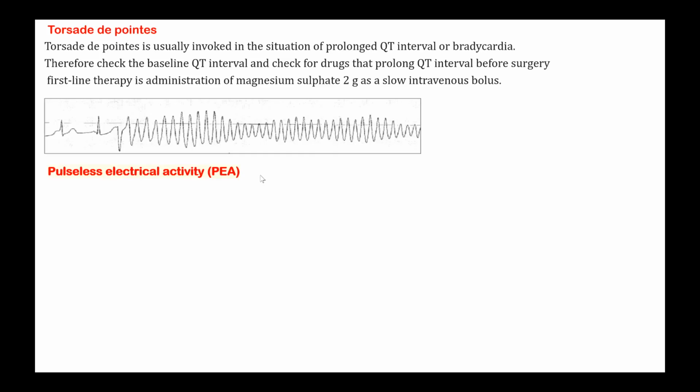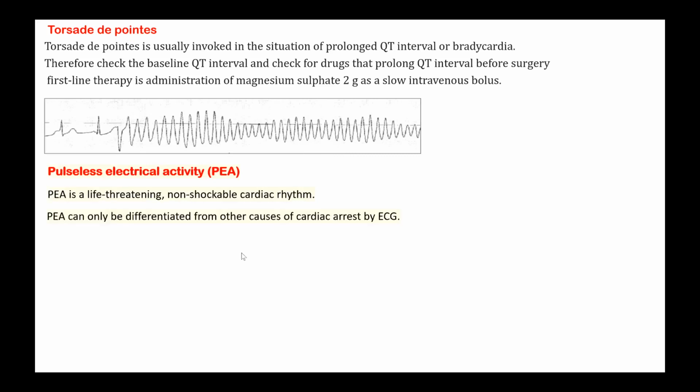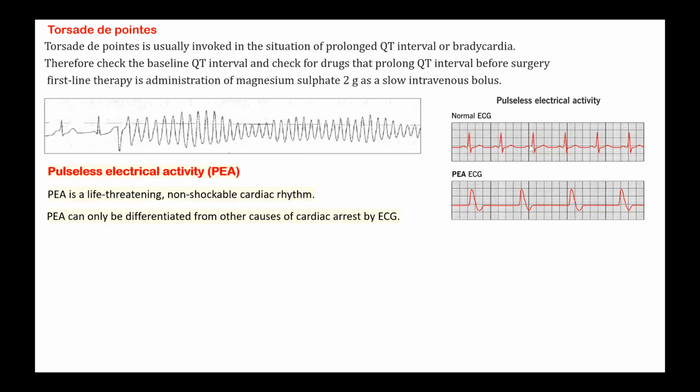The other non-shockable rhythm is pulseless electrical activity, and it may be differentiated from other causes of cardiac arrest by the ECG only. This is a normal ECG, and the ECG in pulseless electrical activity may look like a normal complex, almost like a normal QRS.